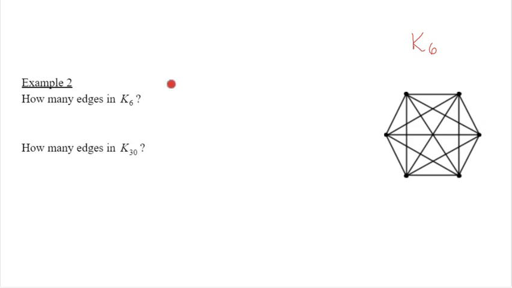And if we want to know how many edges are in this picture, we just need to do 6 choose 2, which is 15. And you can try to count the 15 edges here. We have 1, 2, 3, 4, 5, 6. I apologize for my drawing. 7, 8, 9, 10, 11, 12, 13, 14, 15.